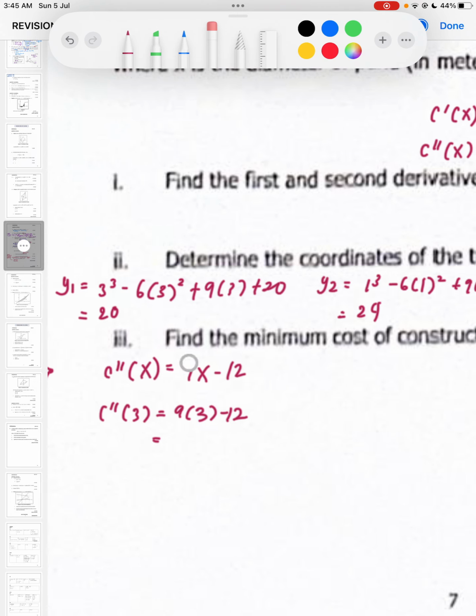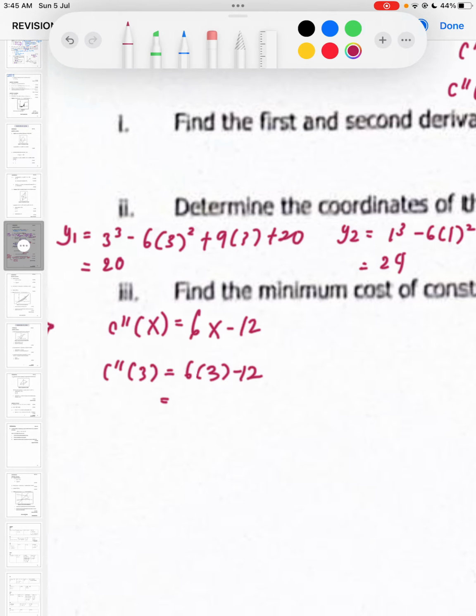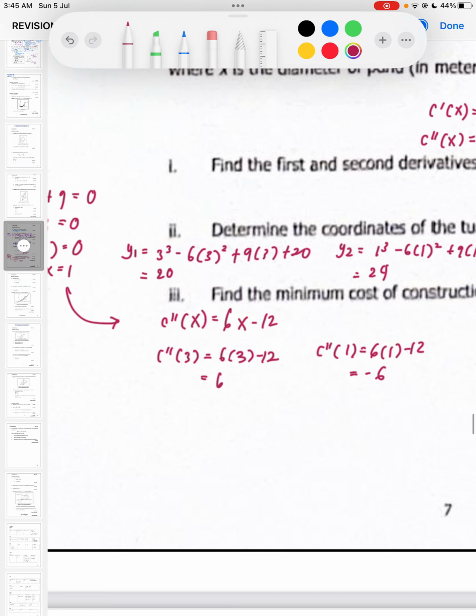I mistook it for squared. So nasib baik I noticed that. Okay, that is going to be 6. Okay, and then I have c prime prime 1 equals 6 times 1 minus 12, which obviously is going to be negative 6.